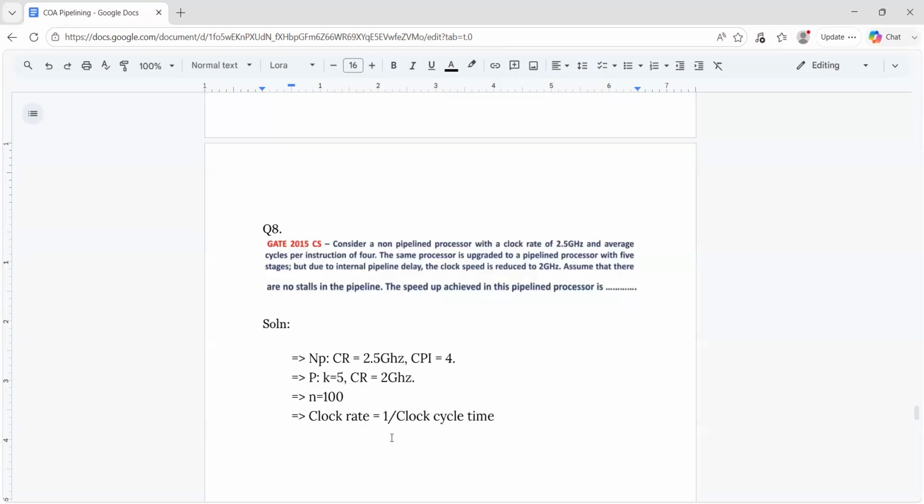What is clock cycle time? Clock cycle time for a pipeline system is the time taken for the slowest step. So the clock rate is 1 by the time of the slowest step. Since we have the clock rate of both the cases, we need to find the clock cycle time for both the cases.